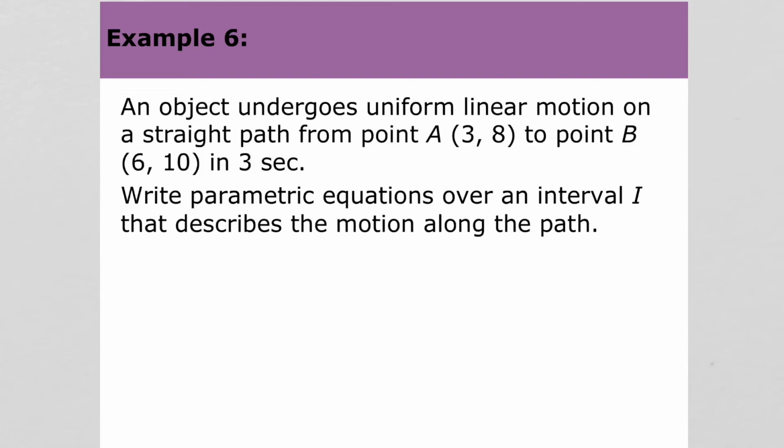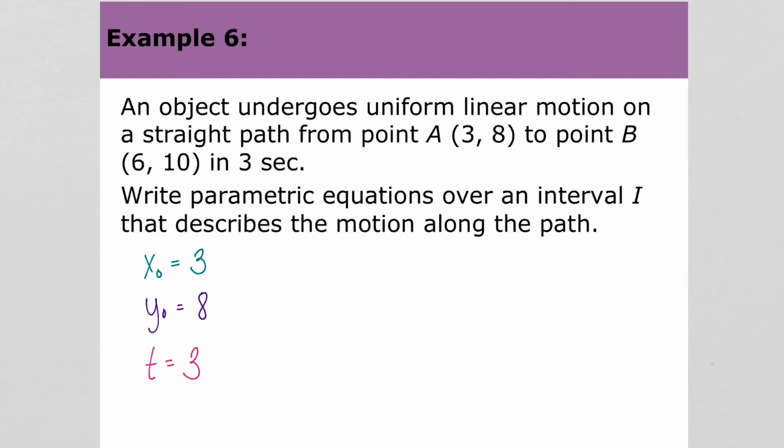So it starts at point A, which is (3, 8). So that means x naught is 3 and y naught is 8. Okay? And t, it tells us, is 3. t is time in seconds.